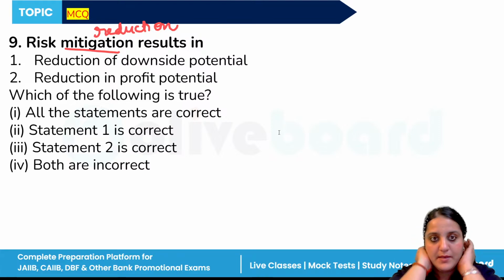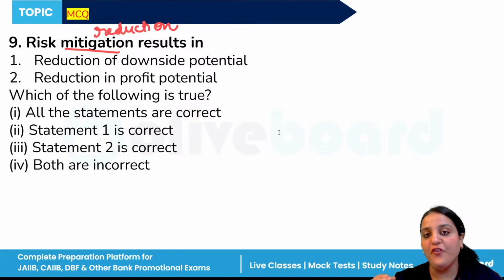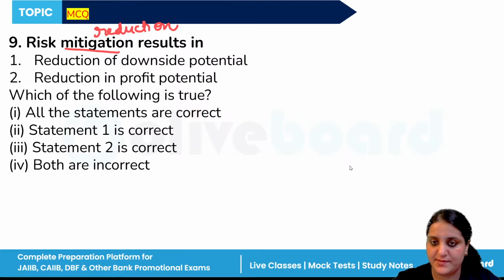See, reduction of downside potential, that is true, because mitigation reduces the risk of big losses, and reduction in the profit potential, it is also true because some strategies can also reduce upside, like hedging.